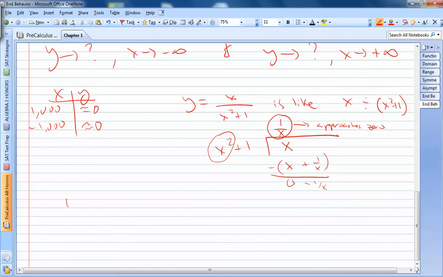So now we know what the answer is. Y approaches 0 when x approaches negative infinity. Y also approaches 0 when x approaches positive infinity.